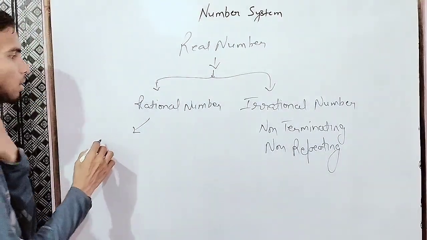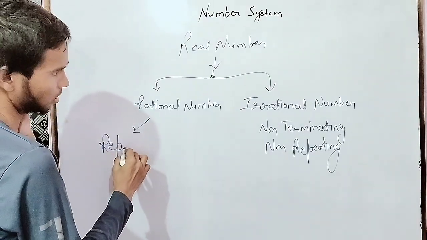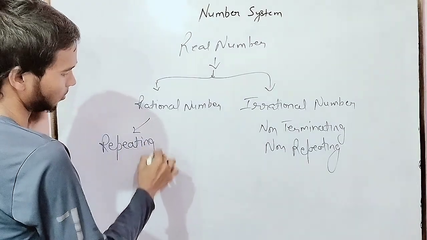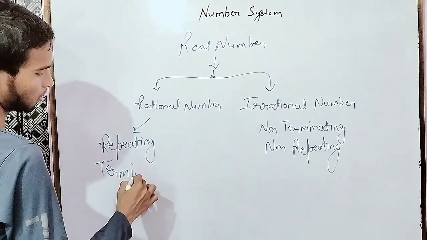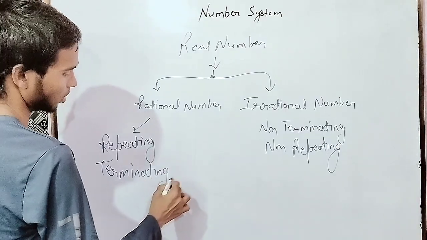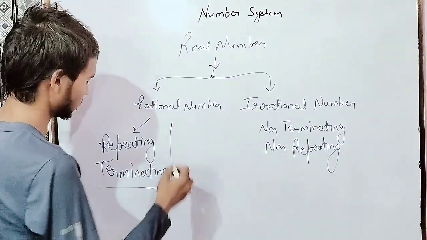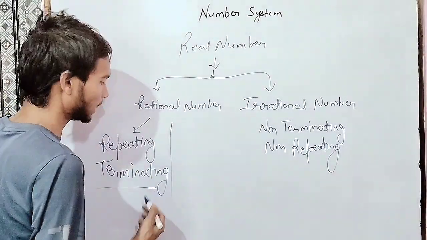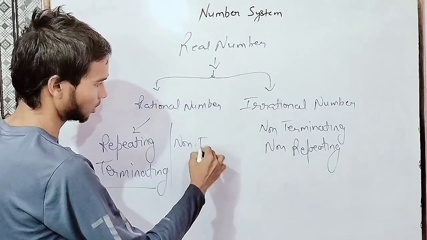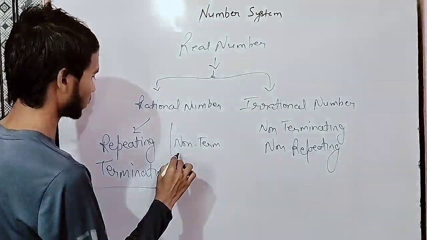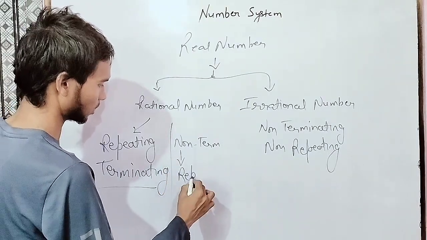A rational number can be repeating, and terminating. Sometimes you will realize that there is no end, for example non-terminating. Okay, non-terminating. But this will be repeating.